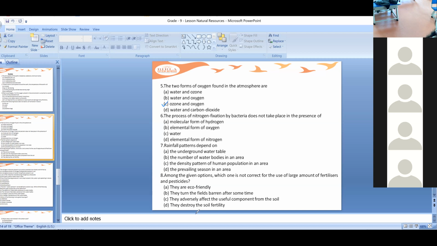In this process of nitrogen fixation by bacteria, which of these four does not take place?